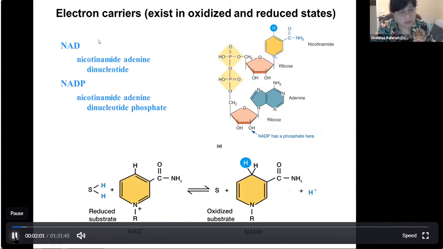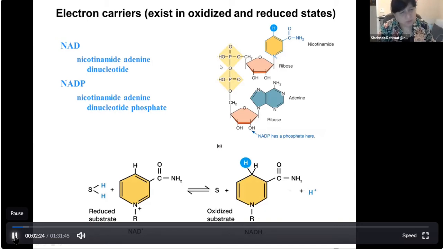Okay, so oxidation reduction reactions become very important in terms of using them for production of energy. So what are some carriers, as we call them, that assist in ripping off the hydrogen atom, proton and electron from there and take it to the electron transport chain?